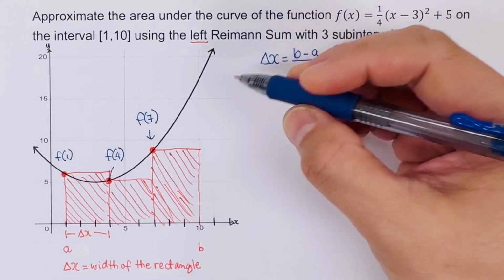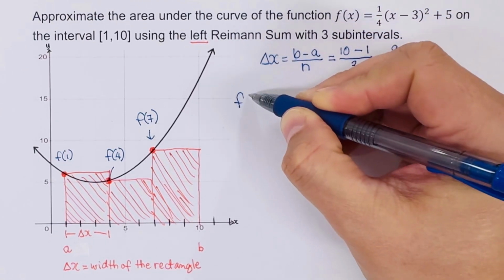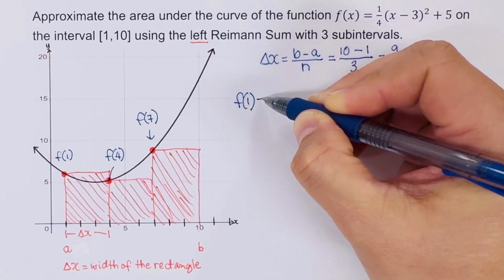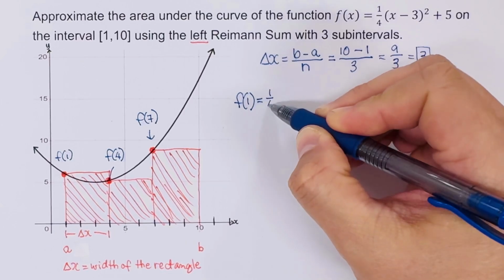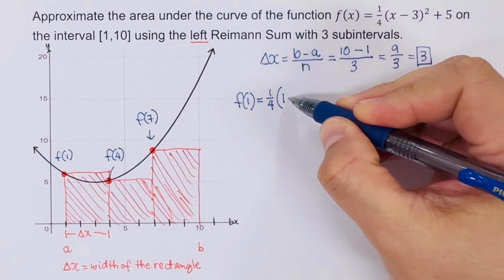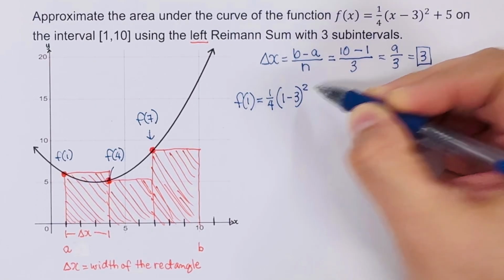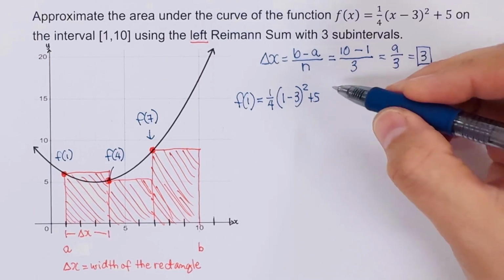So we're going to start with f of 1 first. So I'm going to go ahead and write that up here. So f of 1 would be equal to, we plug in 1 to the x here. So that is 1/4 times, our x is 1, minus 3 squared, plus 5. So what we do is we just go ahead and simplify this.